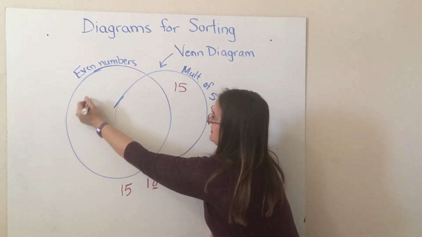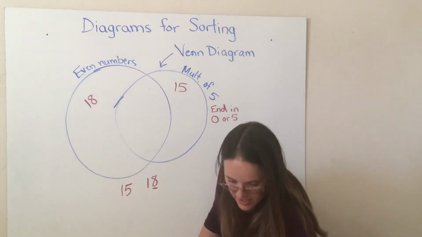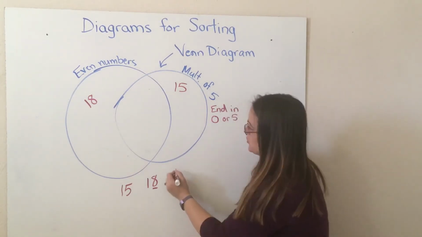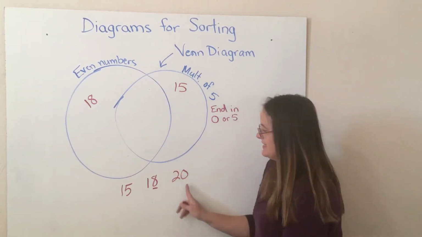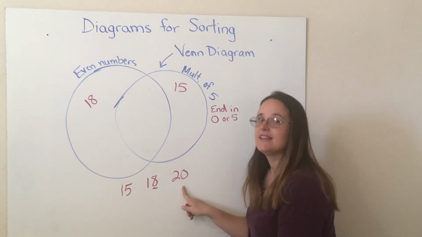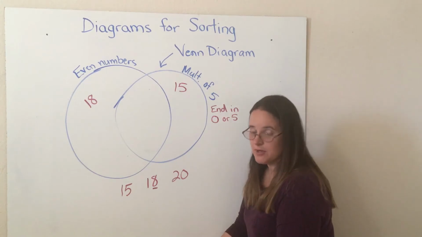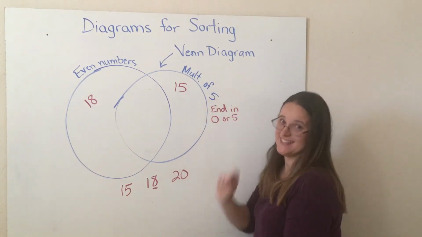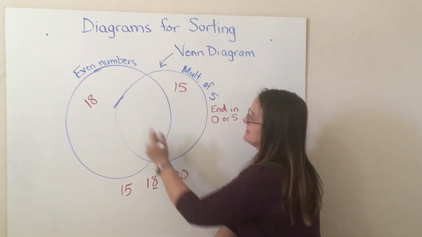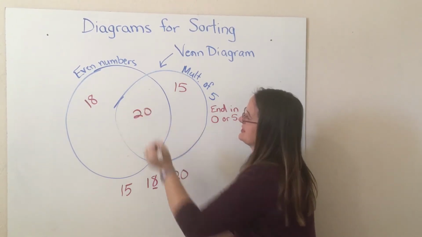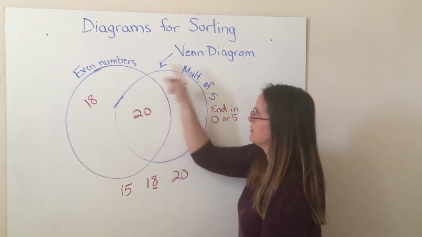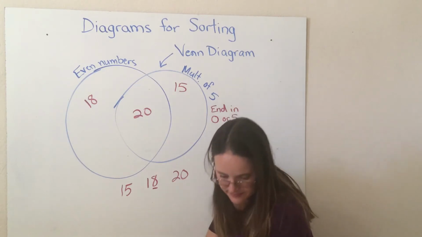We're going to stick 18 over here. Our next number is 20. Is 20 an even number? Yes, it ends with a 0. Is 20 a multiple of 5? Yes, it ends with the 0. So this number is going to go in the center because it fits the rules for both circles.